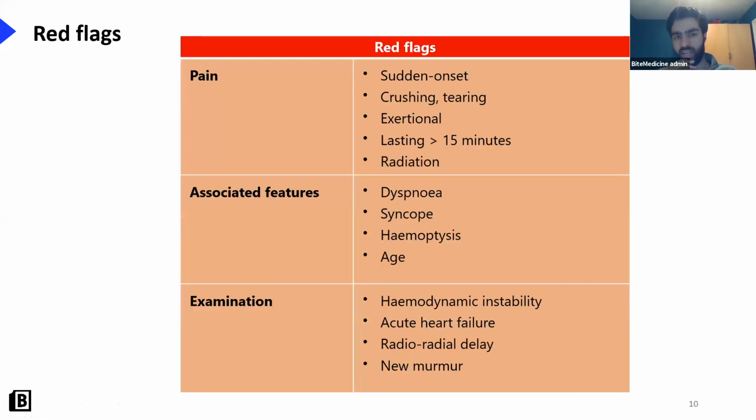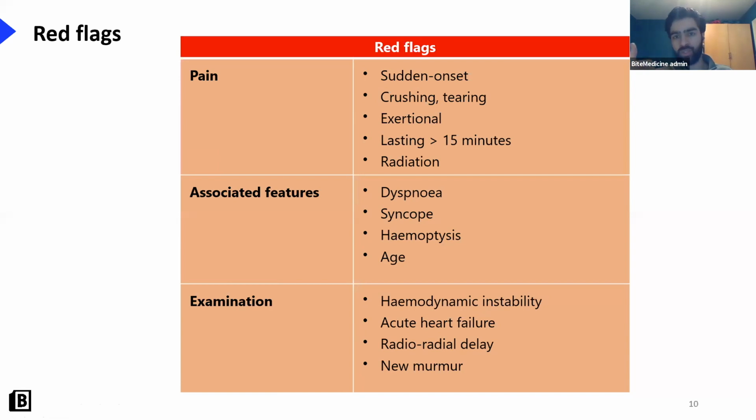I put together this table to think about what the urgent findings are, or what would suggest a serious diagnosis in a patient with chest pain. For timing, if it comes on quickly, that is more suggestive of a serious problem.